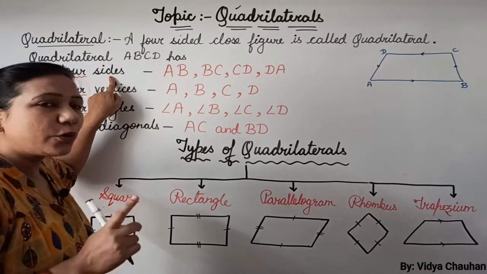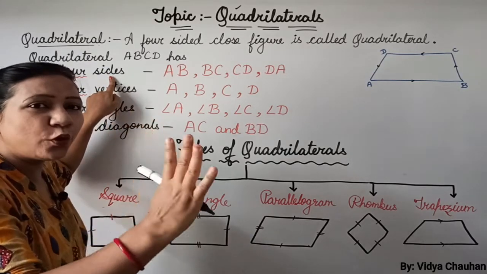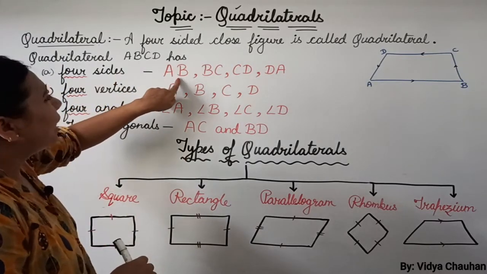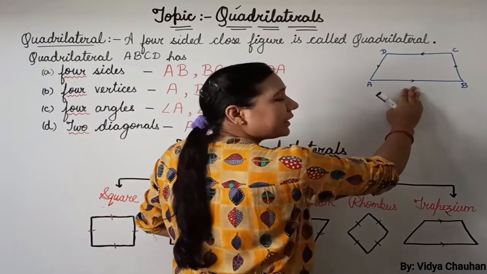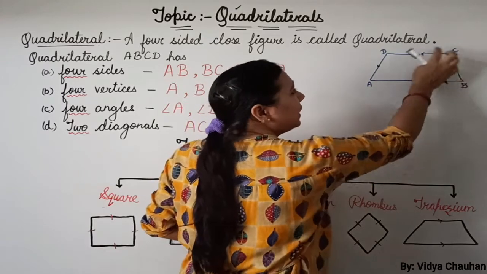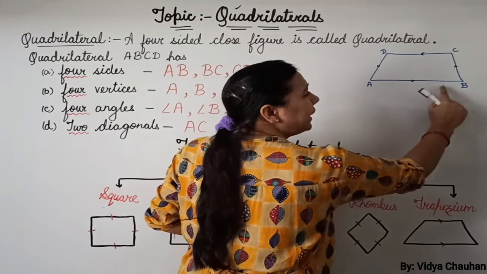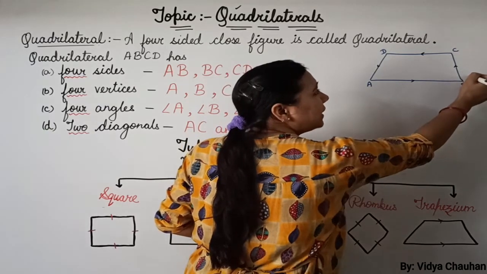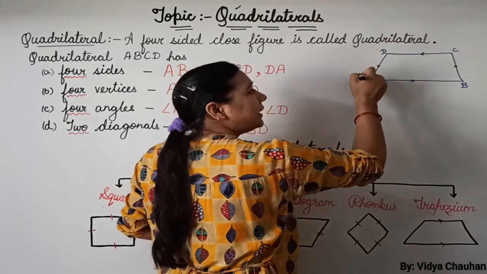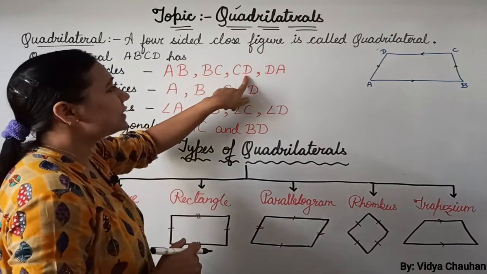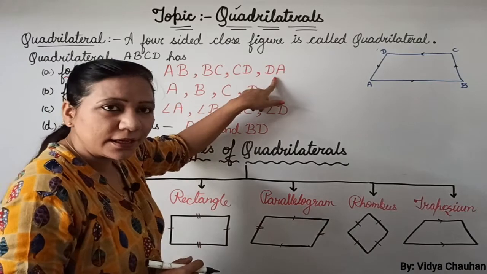A quadrilateral always has four sides. For this quadrilateral ABCD, the sides are the four line segments AB, BC, CD and DA.